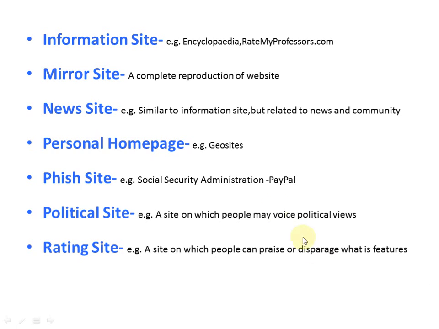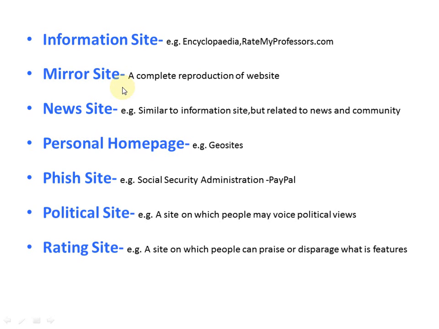Next is information site. This site contains content that is intended to inform visitors but not necessarily for commercial purposes, such as an encyclopedia or ratemyprofessors.com. Next site is mirror site, a complete reproduction of a website.